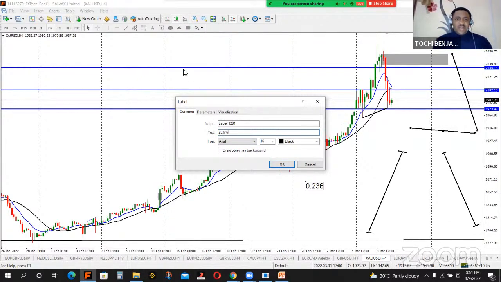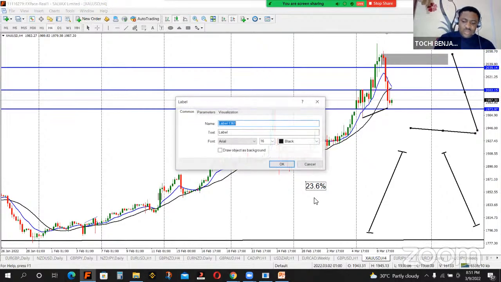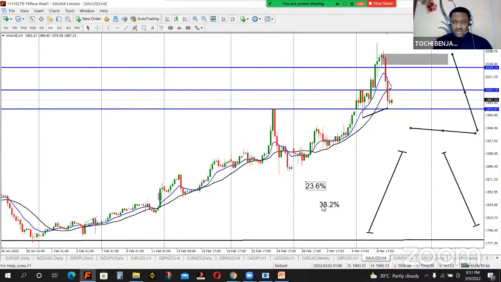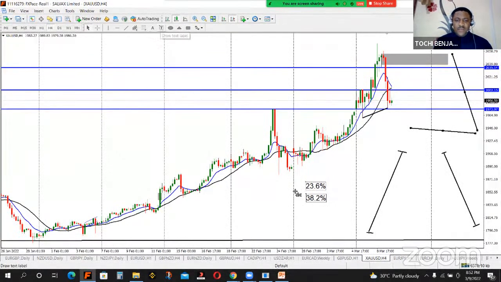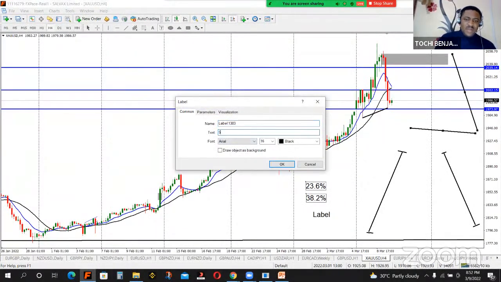Now the next one is the 38.2 retracement level. Please, you're going to write this down. If you have the manual, it's there. Or if you don't have it, I encourage you to get your manual. Okay, we'll have 38.2, we'll have 50.0, the 50% retracement level, and we'll show you how to apply that.